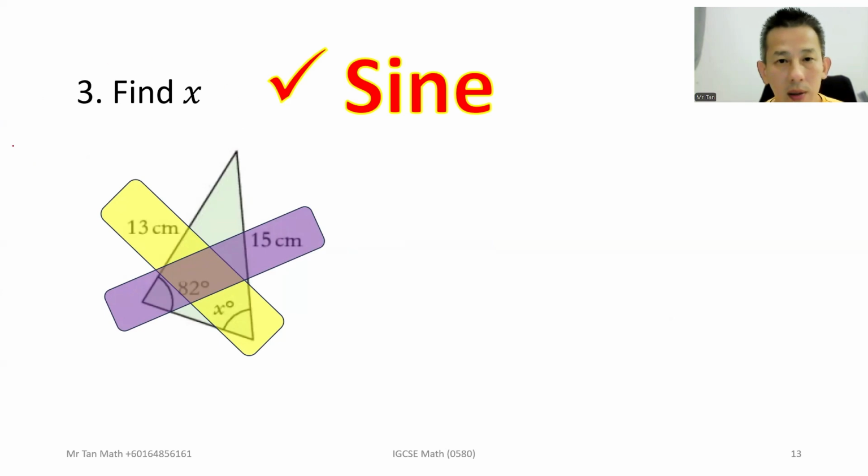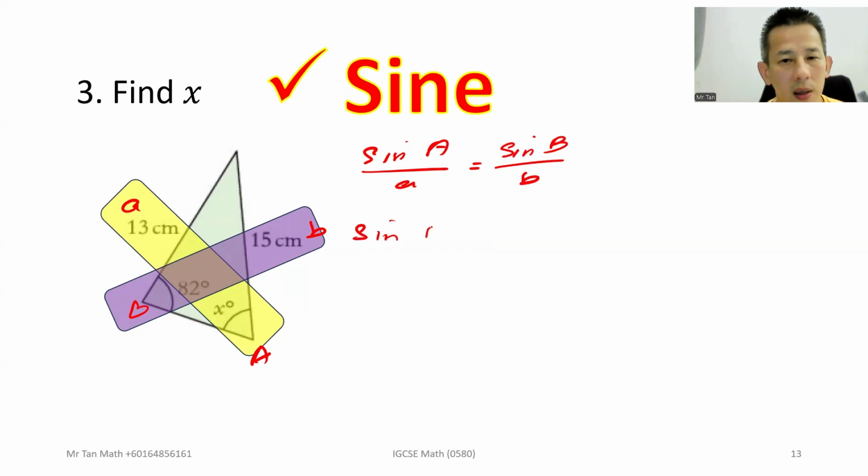This is A, this is A, this is B, and this is B. So you have sine A over A equal to sine B over B. Therefore, sine A is equal to sine B over B times A.